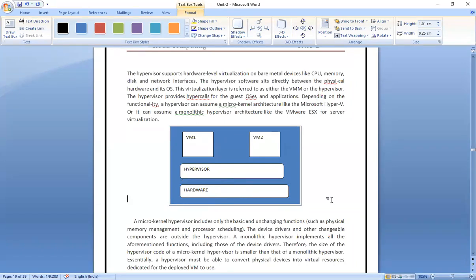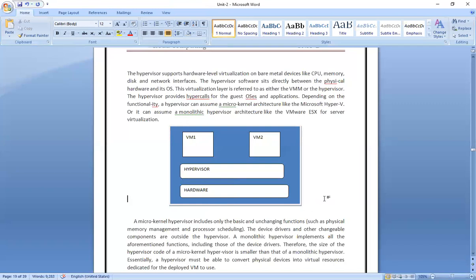And when we talk about the VM2 architecture, this is a type 1 architecture.